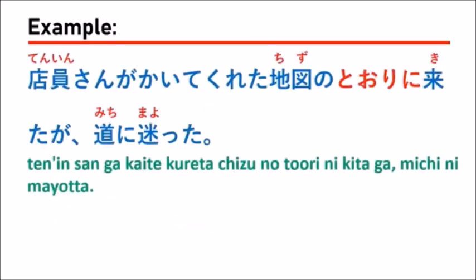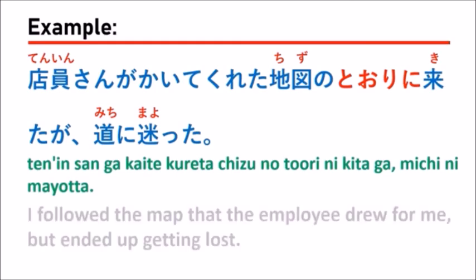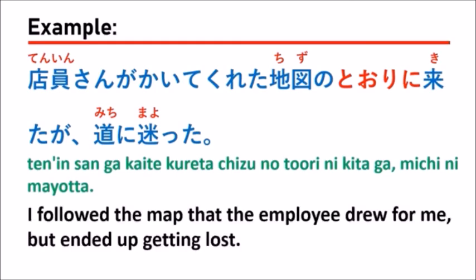店員さんが書いてくれた地図の通りに来たが、道に迷った。Which means in English, I followed the map that the employee drew for me, but ended up getting lost.